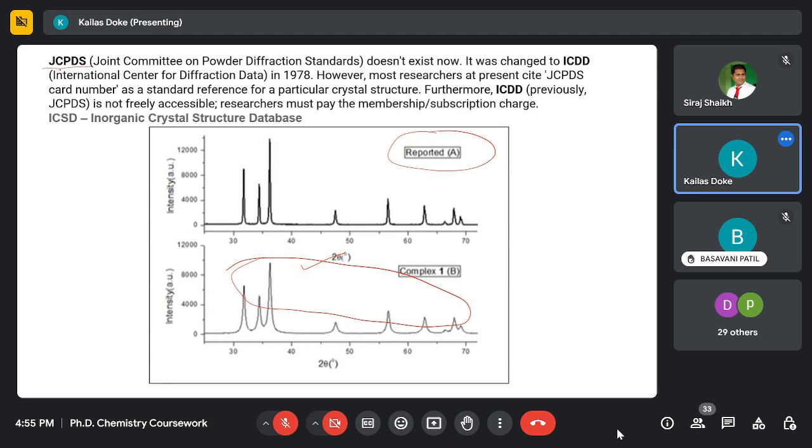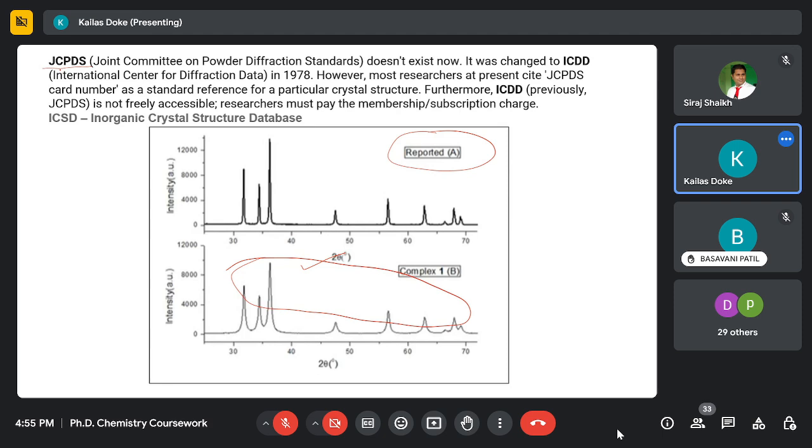After 1978, this existed, and this ICDD is not freely accessible. Researchers must pay membership or subscription charges, and we can get the auto indexing of each peak with the reported data for our complex or unknown data.